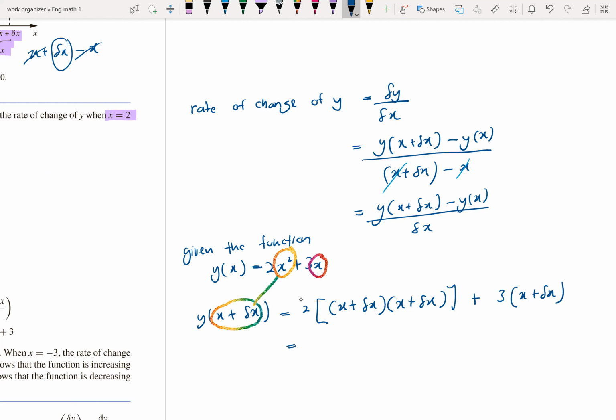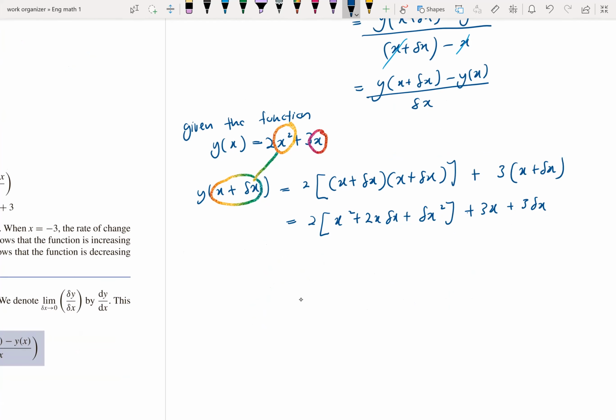So this gives 2x squared plus 4x delta x plus 2 delta x squared plus 3x plus 3 delta x.